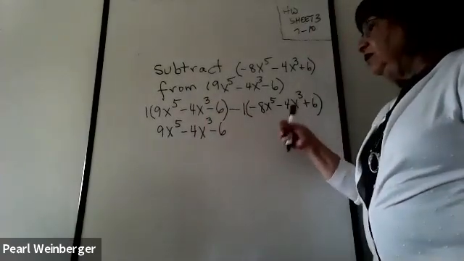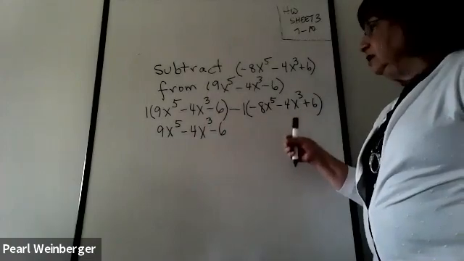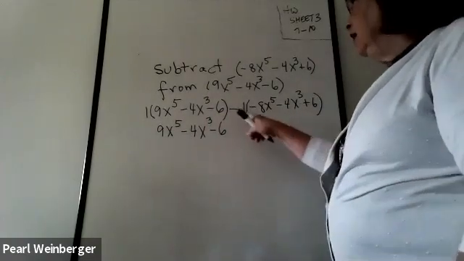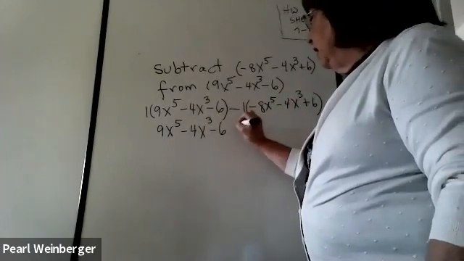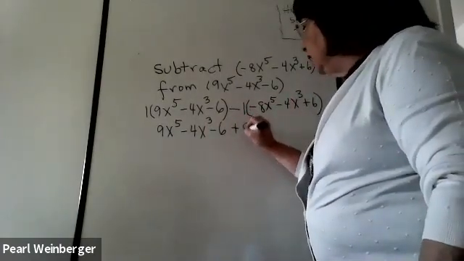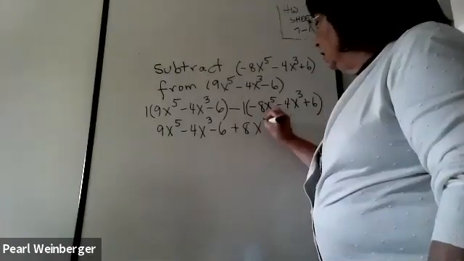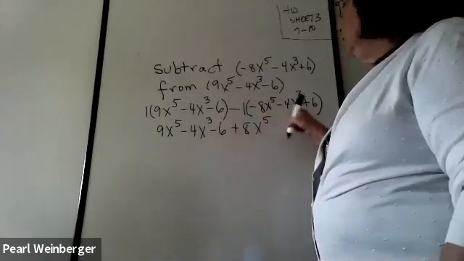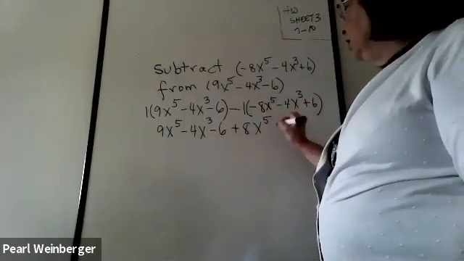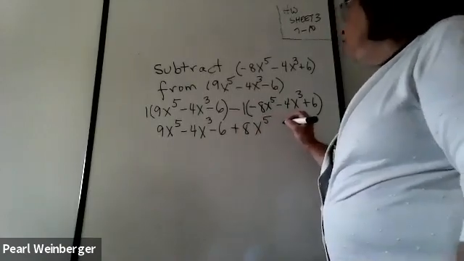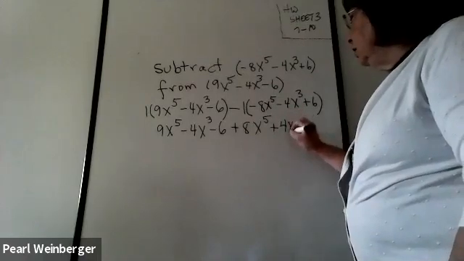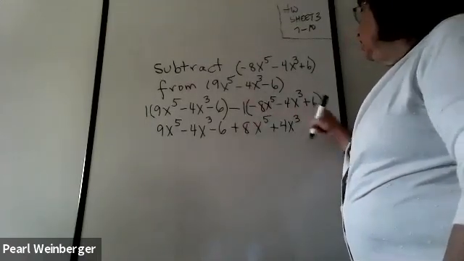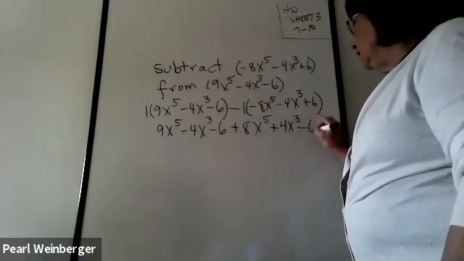Where there's a negative in front of a parentheses, it means we're multiplying everything by negative 1. So negative 1 times negative 8x to the 5th becomes plus 8x to the 5th. Negative 1 times negative 4x to the 3rd is positive 4x to the 3rd. And negative 1 times positive 6 is minus 6.